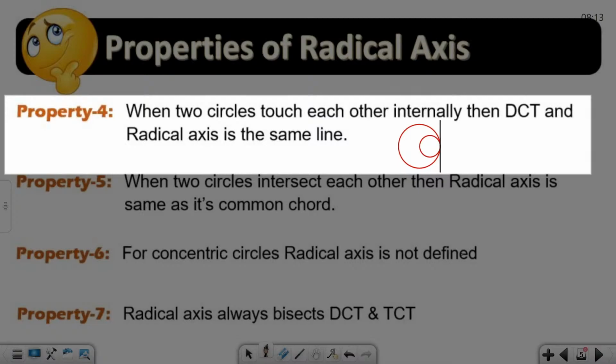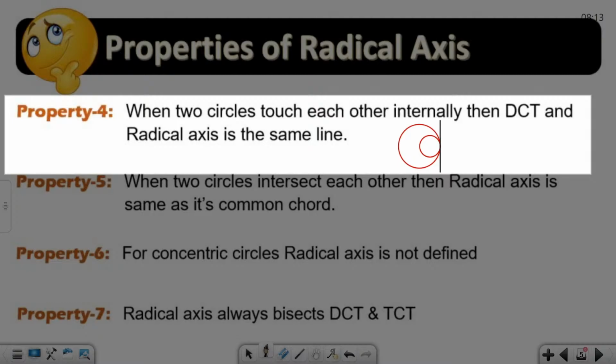So in this question also, if they have asked to find the direct common tangent, and if we know that the two circles touch each other internally, then finding the DCT, that is the direct common tangent, is the same as finding the radical axis because they are the same line.